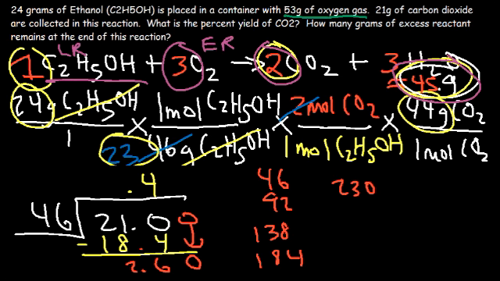If you add 46 to 230, that's 276. So 46 goes into 260 5 times. 46 times 5 is 230. And at this point, I'm out of space, so I'm going to go with 0.45. We said it was between 40 and 50%, so I'm going to say roughly around 45%.